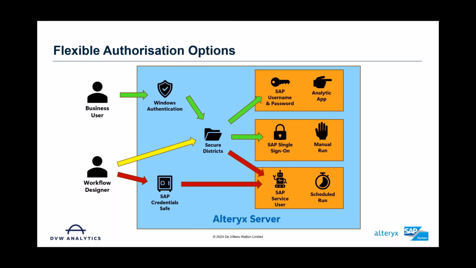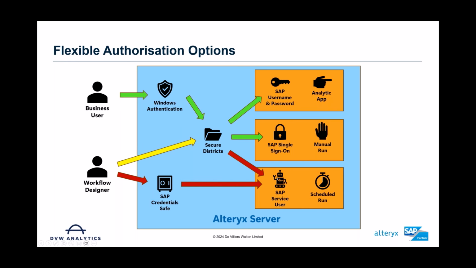The easiest is probably the one I've just done, which is I'm the workflow designer, and if I follow the red arrows, then I can save credentials in a safe place within the Alteryx server, ready for use when I schedule my workflow, just as I did there. So when I publish it on the yellow arrow into a secure place, maybe only for me or for my team, then I can schedule that.